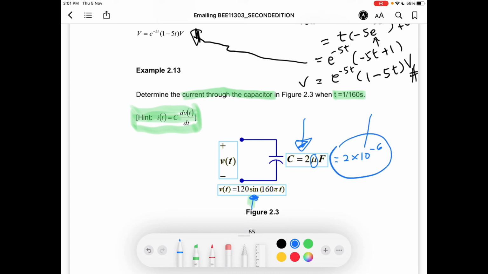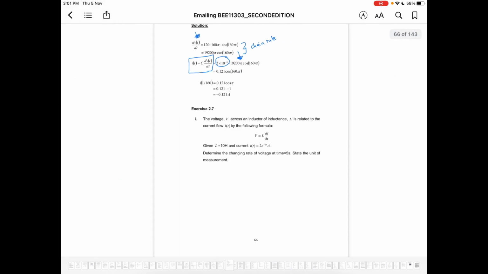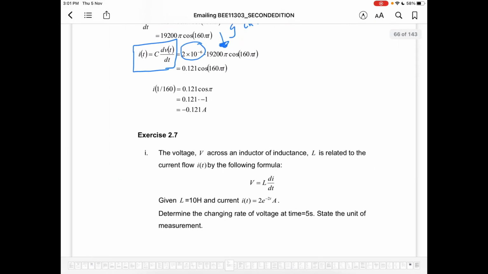Usually students forget to bring together the prefix. If it is 2 milli, then you need to multiply by 10 to the power of minus 3 in your calculator, or 2 nano, and so on. You need to bring together the prefix in your calculation.